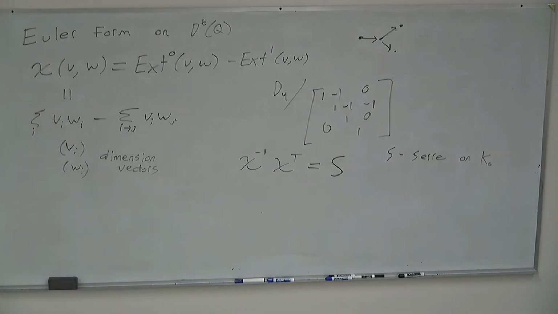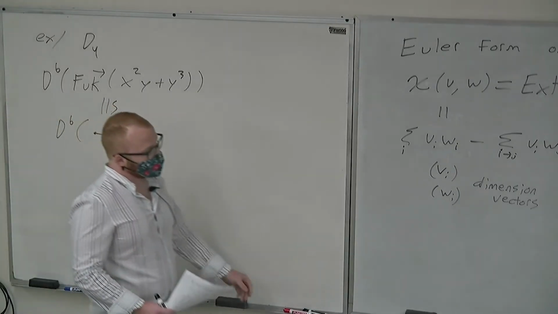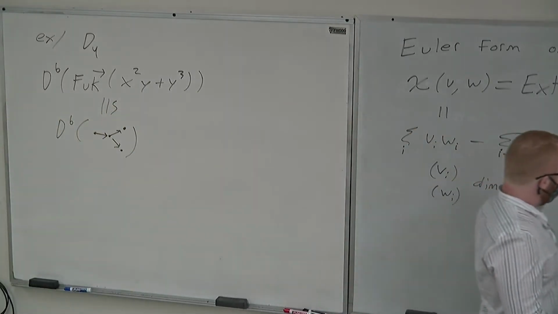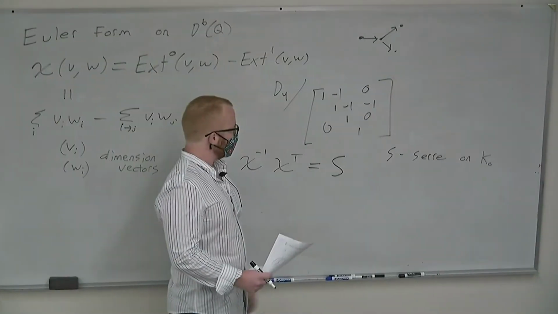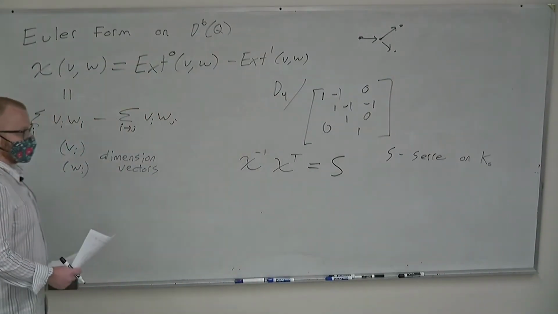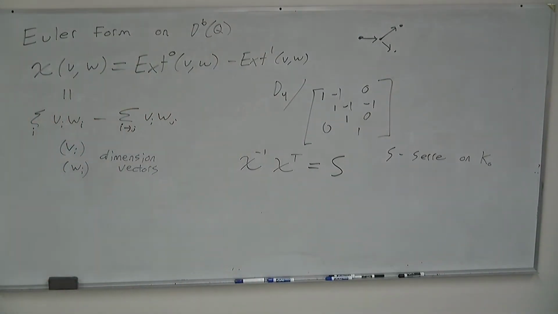The Serre functor on the other side corresponds to monodromy. So what we actually have here is that x inverse times x tau is the monodromy, up to maybe some -1 or +1.